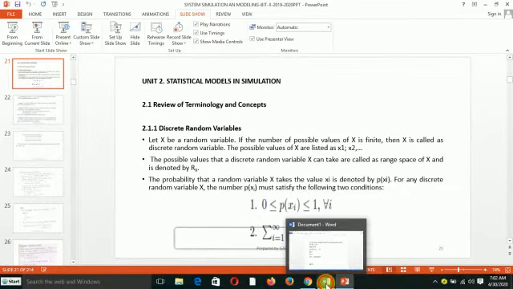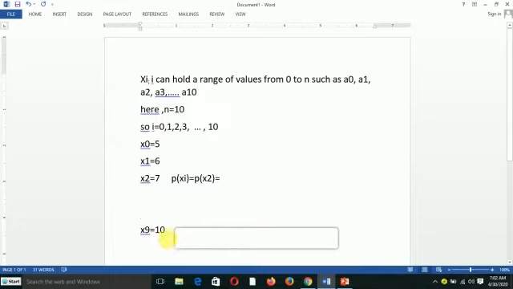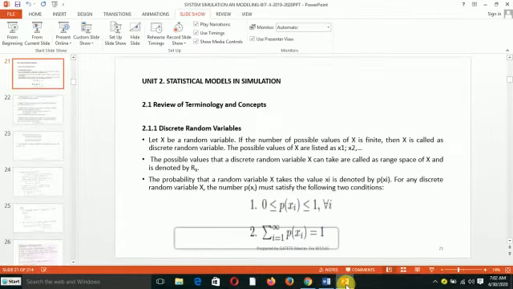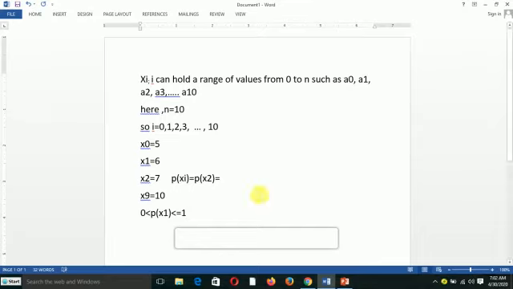For example, here we say 0 must be less than or equal to p(xi), and p(xi) must be less than or equal to 1. What does it mean? The probability value must not be greater than 1.